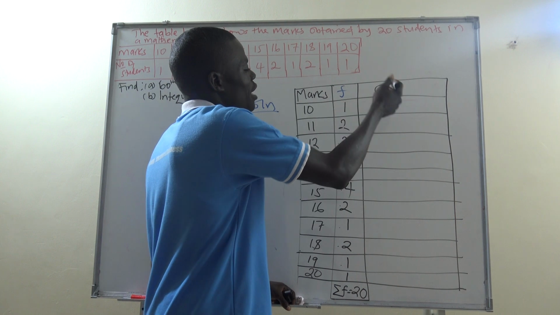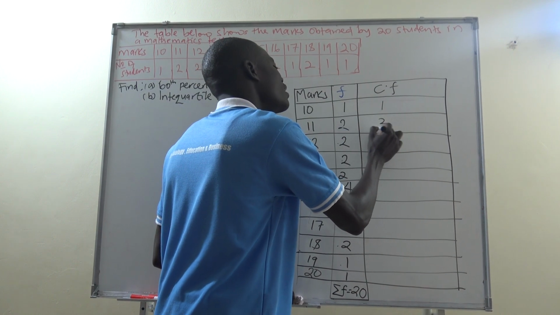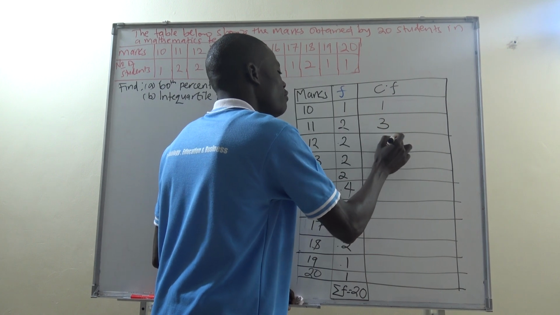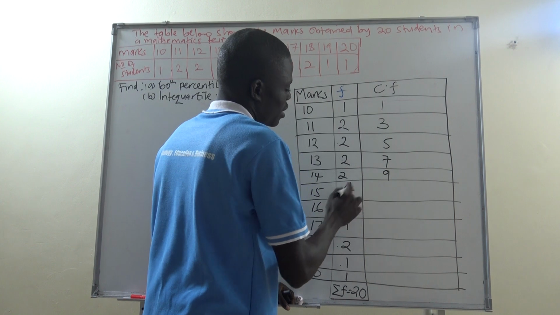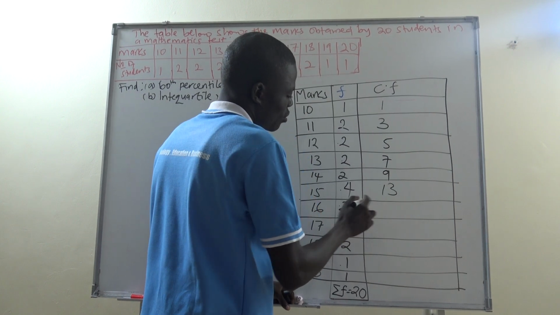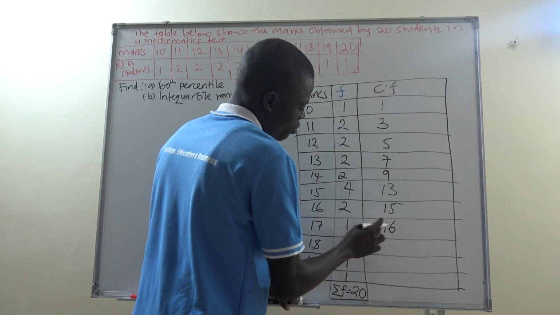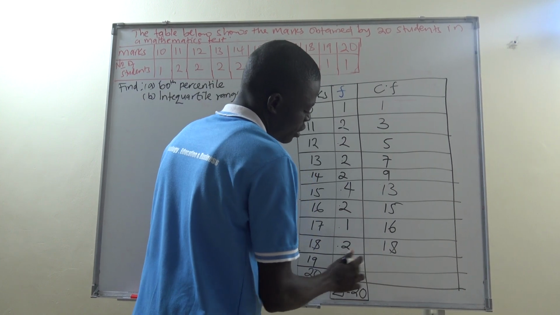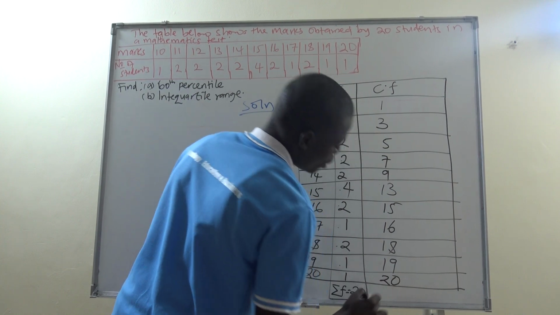And then the second one, keep on adding. So we shall have 1 plus 2, we shall get 3, plus 2 get 5, plus 2, 7, plus 2, 9, plus 2, 13, plus 2, 15, plus 1, 16, plus 2, 18, plus 1, 19, plus 1, 20.